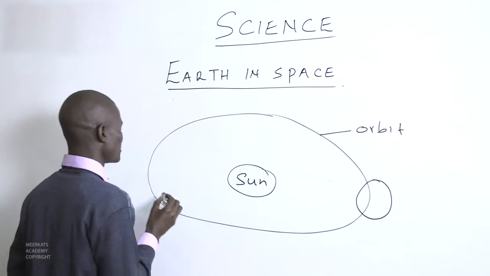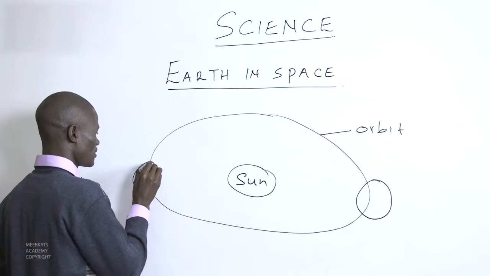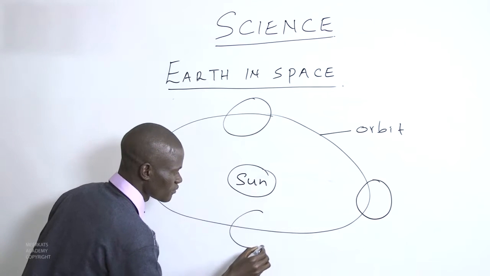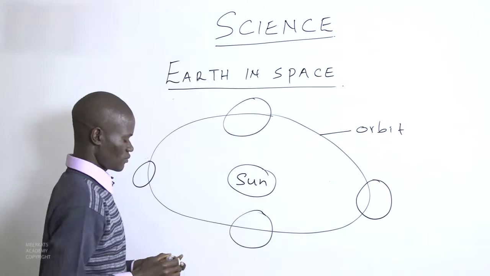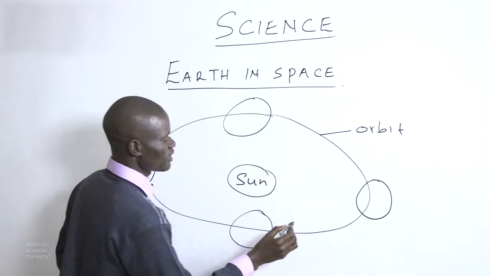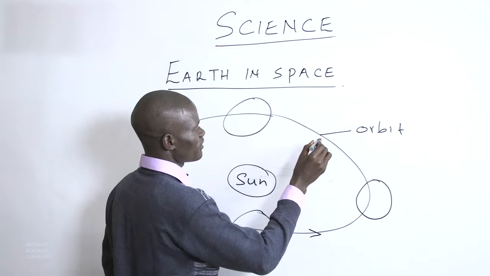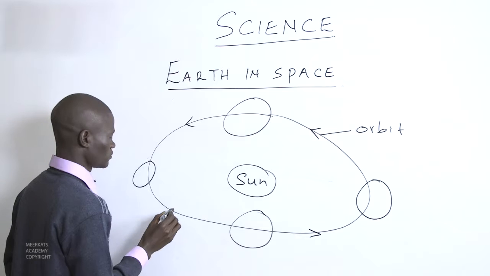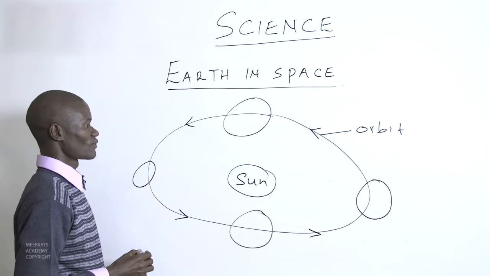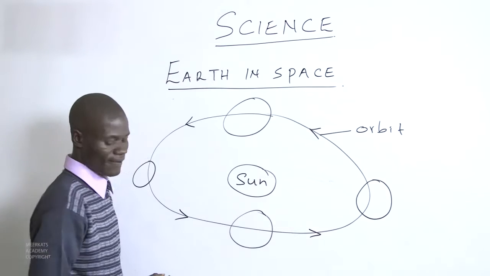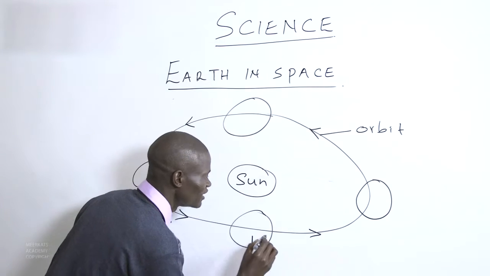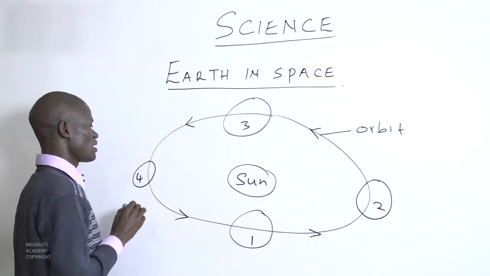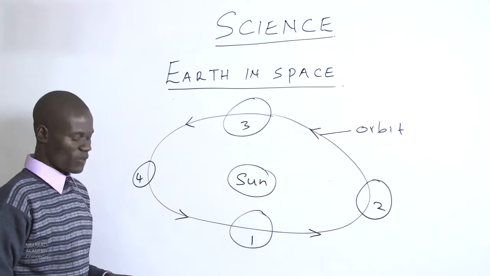This is just a representation of the Earth, and it always revolves in this direction. We have 1, 2, 3; these numbers represent the 4 seasons.